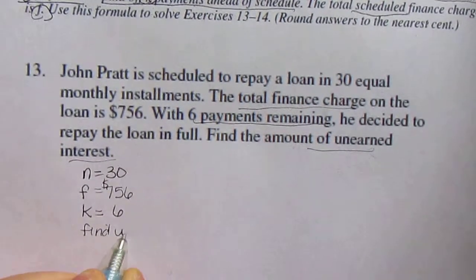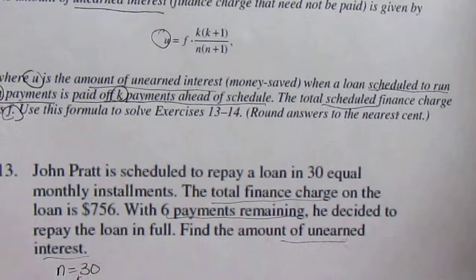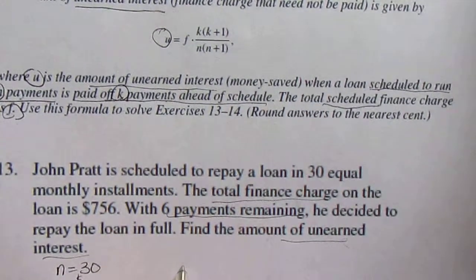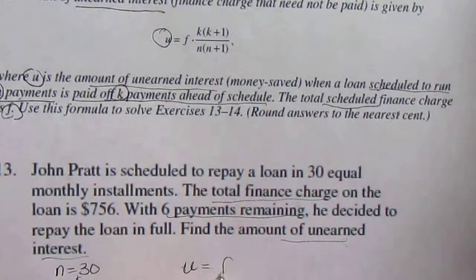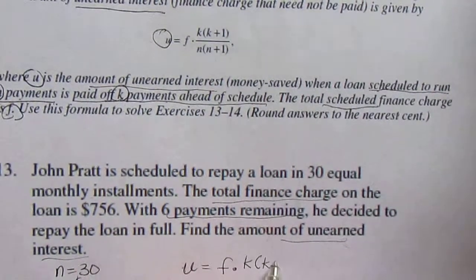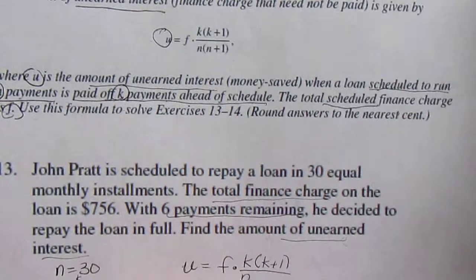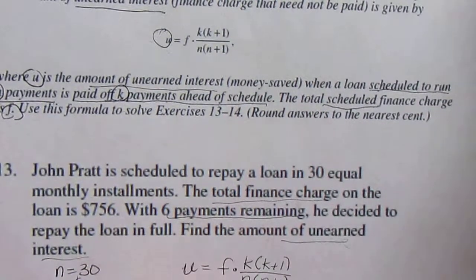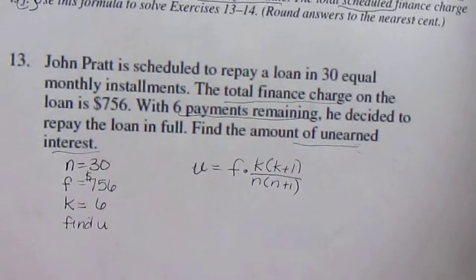Find U. So going back to the formula, we see that U equals F times K times K plus 1, over N times N plus 1. Let's write that down first and just plug in. Plug and chug.